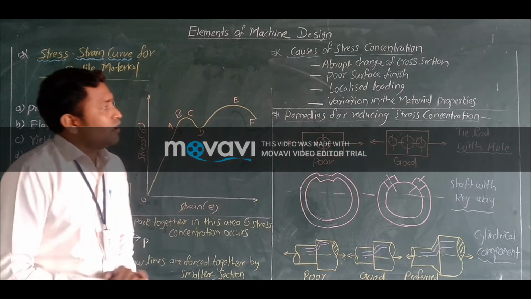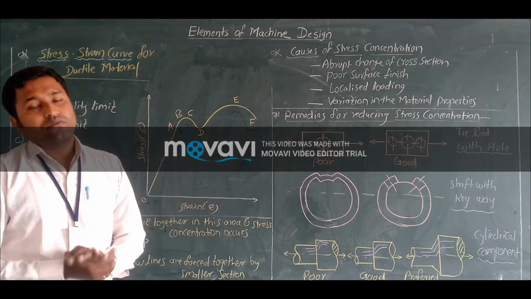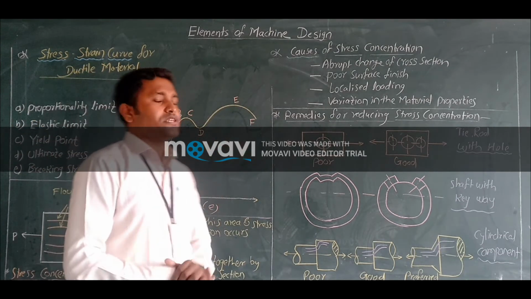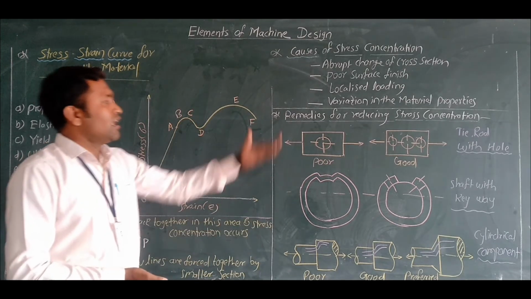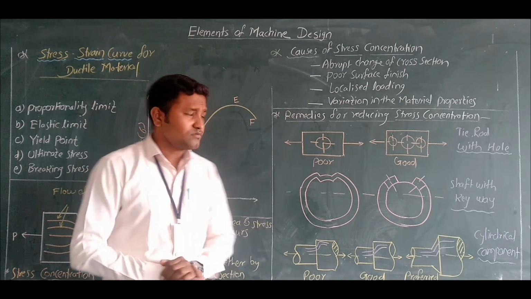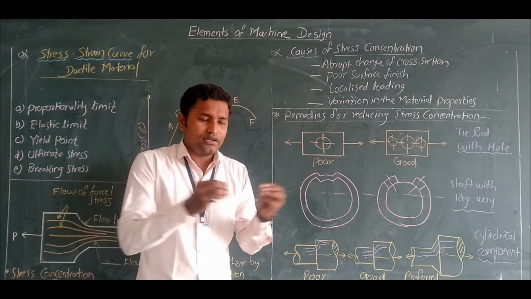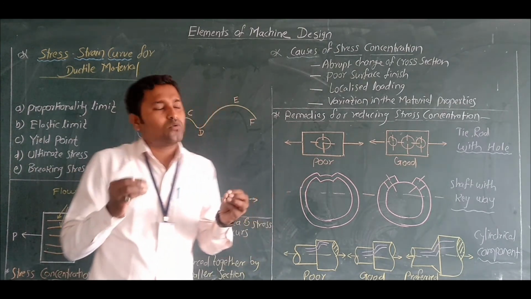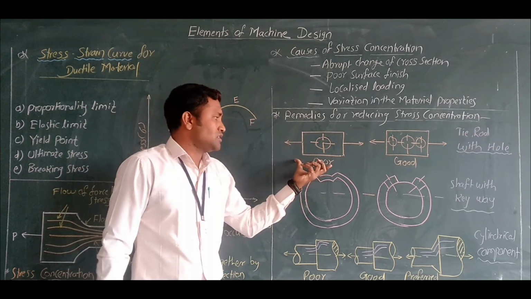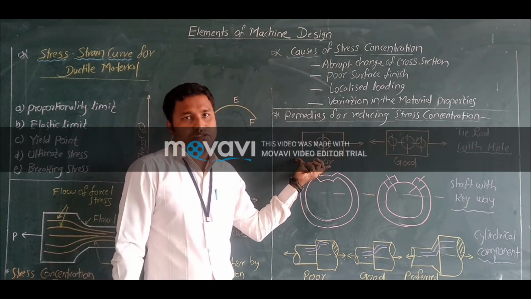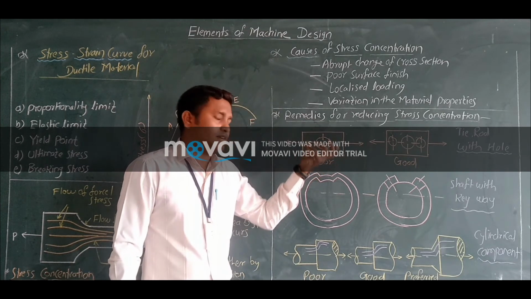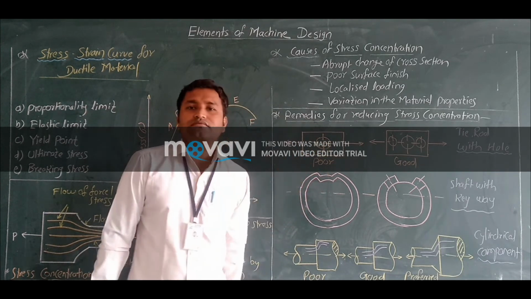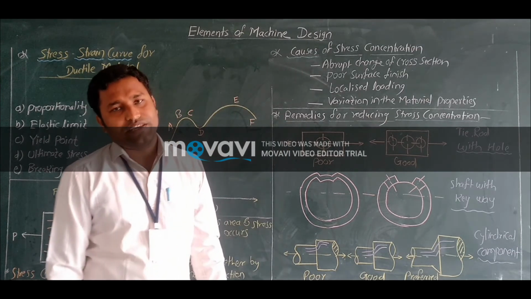Then, what are the remedies for reducing stress concentration? You see the number of components here. The first point, by taking one example, is a tie rod with one hole. This is the core section of the component, the stress concentrated area.